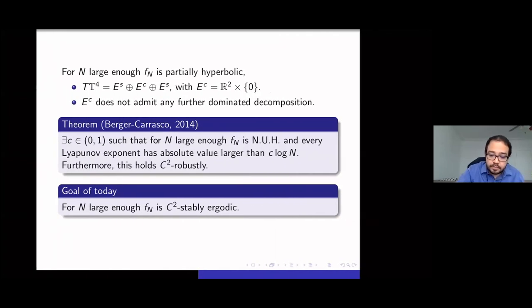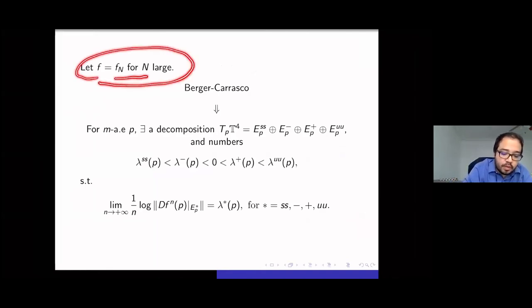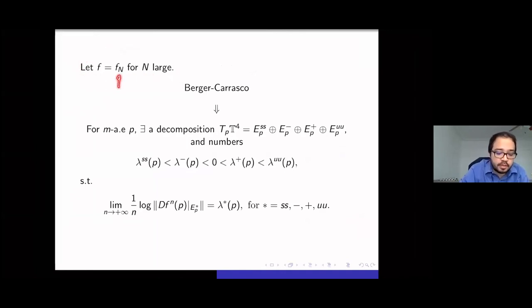All right, so let me give you a few things. From Bejer-Carrasco's theorem, we know that if F_n, well, I'm going to call it F just to forget about this index here, for n large, what Bejer-Carrasco tells you is that you have non-uniform hyperbolicity.